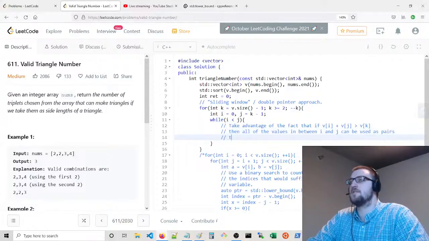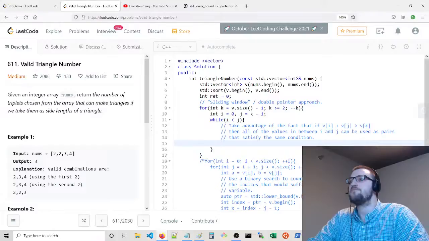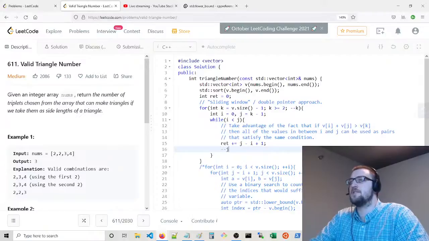Pairs satisfy the same condition. So ret plus equals j minus i plus 1, and decrement j.